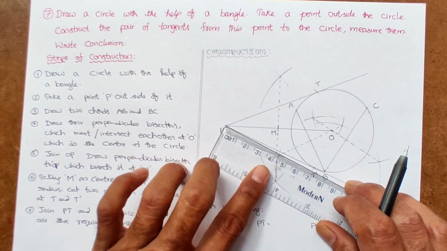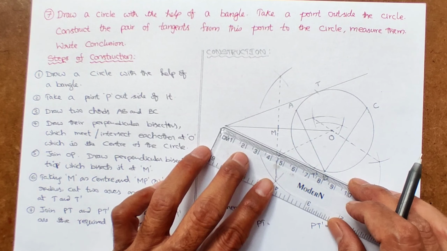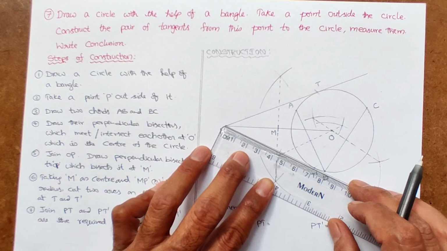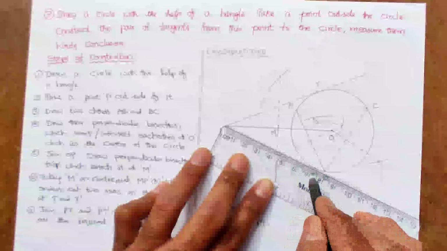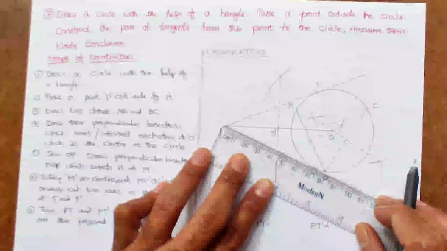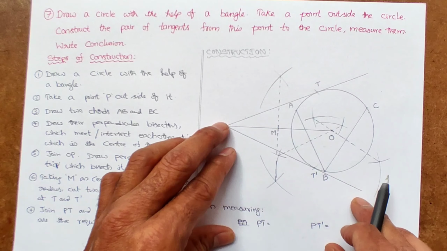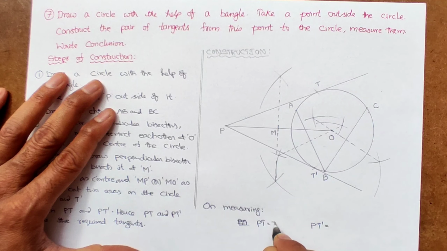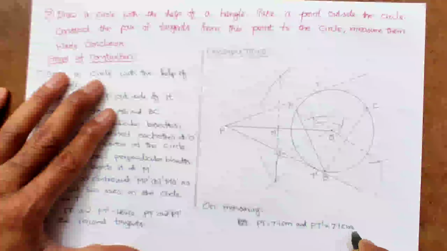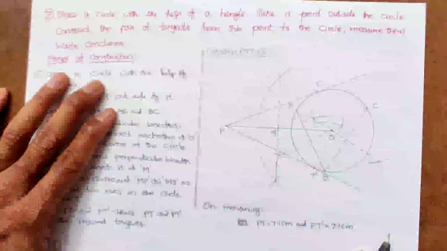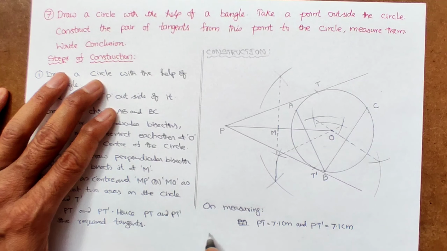PT dash also we measure: 1, 2, 3, 4, 5, 6, 7, and after 7, 1 mm. So 7.1. So here we got PT as 7.1 centimeters and PT dash is also 7.1 centimeters. Now he asked us to write the conclusion.